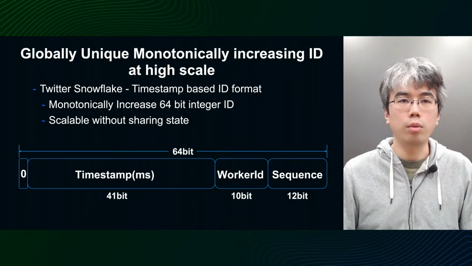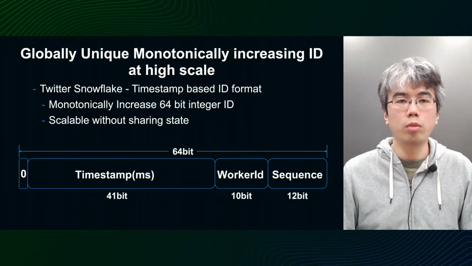The timestamp is a field that is updated every 1 millisecond and provides a property that the ID is monotonically incremented in this field. Worker ID is used to determine which machine generated this ID, and the sequence is used to make it unique among IDs generated within the same timestamp and the same worker ID.